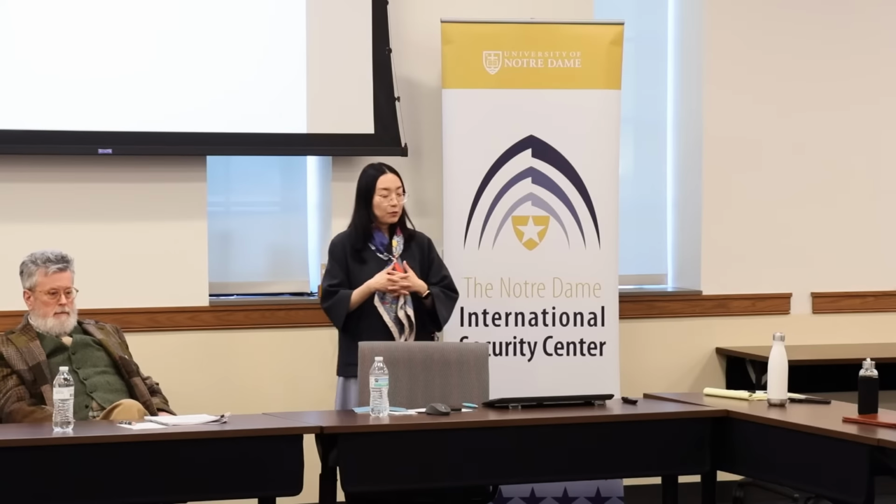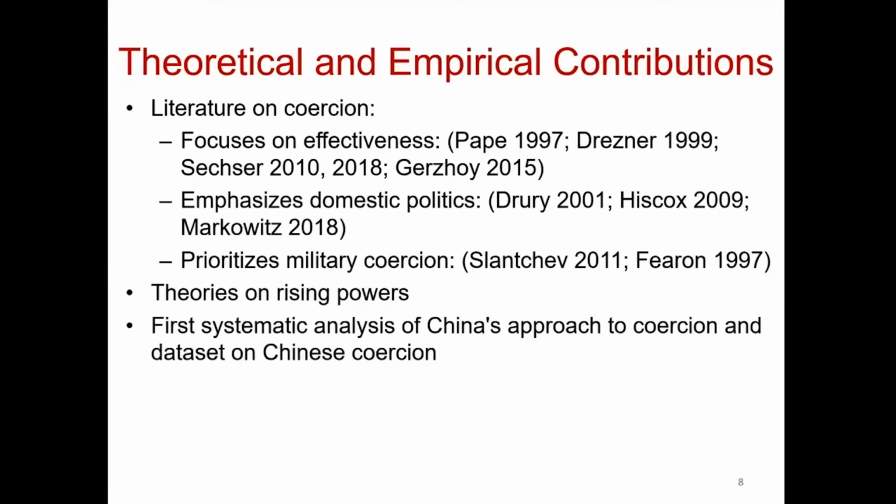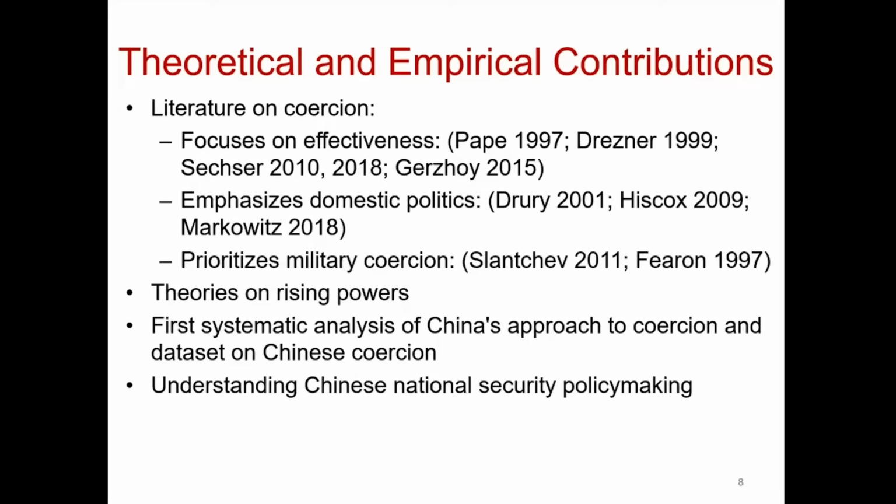So think about some of the work that Josh Stephenson, for example, at the University of Maryland has done. And importantly, this book provides a first systematic analysis of China's approach to coercion, as well as a data set on coercion. And hopefully, by understanding China's coercion rationale more, it'll help us better understand China's national security decision-making process.